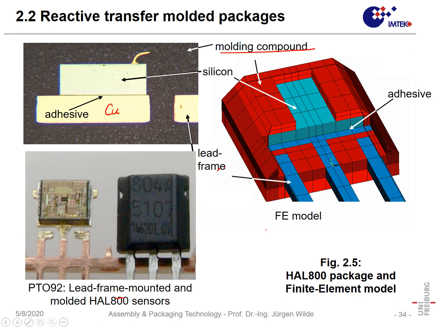What is a molding compound? We will see it in detail. It is a plastic material which contains some filler. The fillers we can see here, it's these small dots. You could say it's nanometer pebbles.